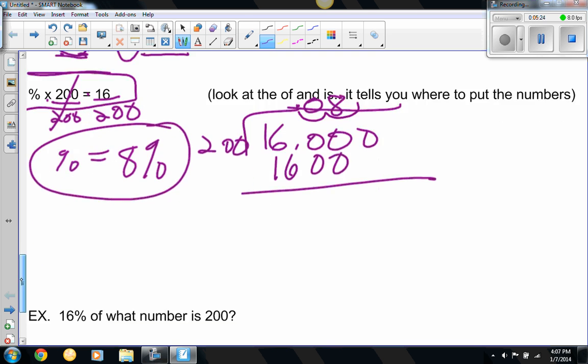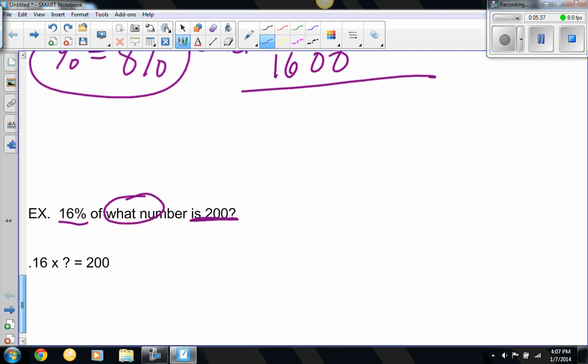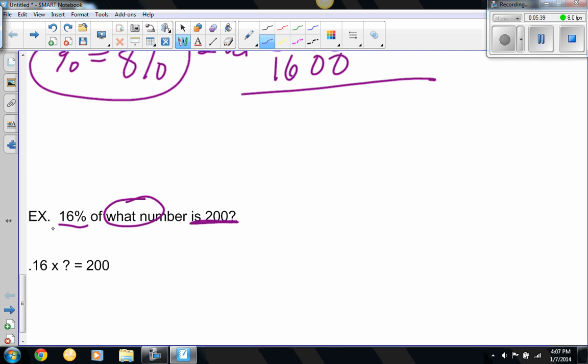Then the last type of problem: I have 16%, so they're giving me the percent of what? We don't know. It's missing. Is 200. If I plug it into my little equation, and I change my percent to a decimal right away, 2 to the left, so 0.16 of what? I don't know.